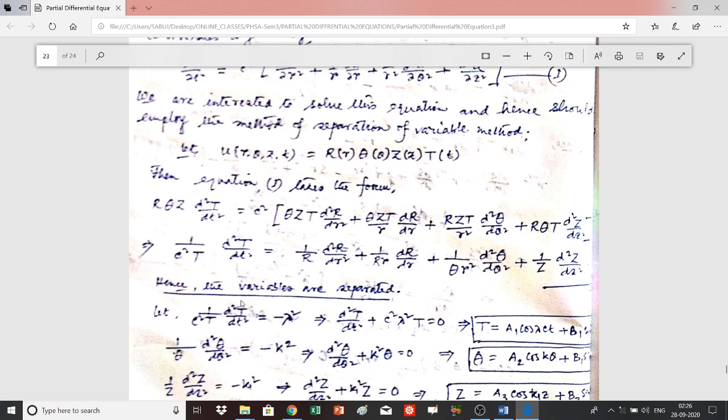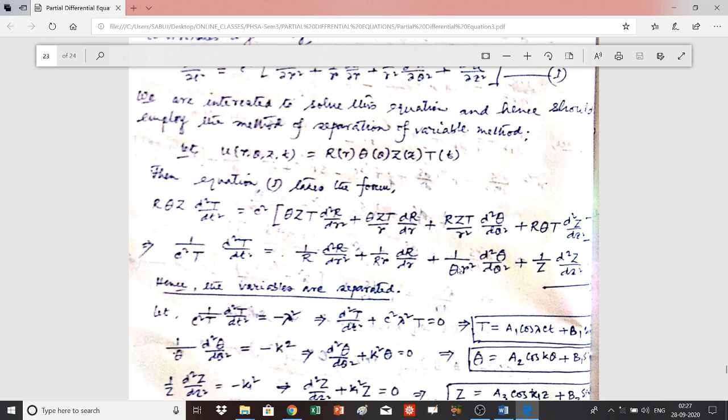and all the terms should be equal to constants. So from here, 1/(c²T) d²T/dt² is equal to −λ², these are constants, consider it. Then d²T/dt² + c²λ²T = 0. That will give you a solution for T as a1 cos λct + b1 sin λct. And obviously another term is there.